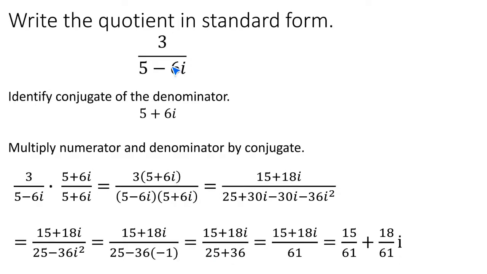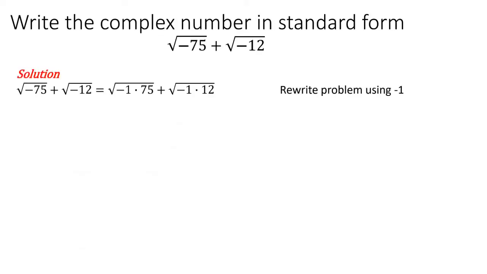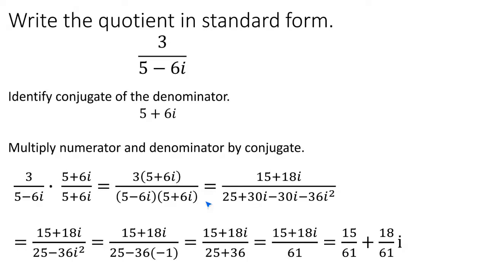So whenever you are trying to write this in standard form, the idea is that you're not going to have an i in the denominator. And so to get rid of it, we would need the conjugate. Let me just emphasize the shortcut here.